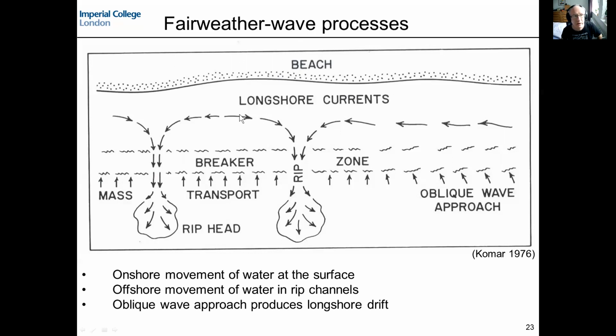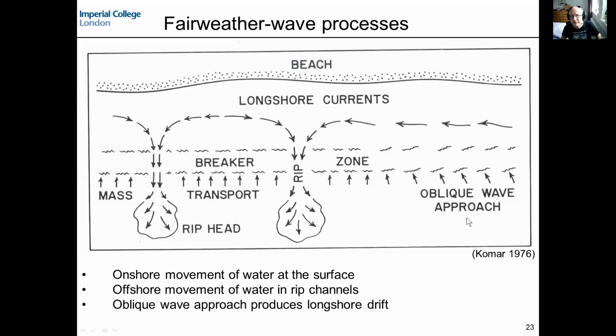And it does that by moving sideways along the upper shore face and then moving offshore through rip currents that occupy shallow channels. So if the waves approach head on, we tend to see currents which are oriented parallel to the shoreline, but in two directions. And we also see currents that move back out to sea as well.